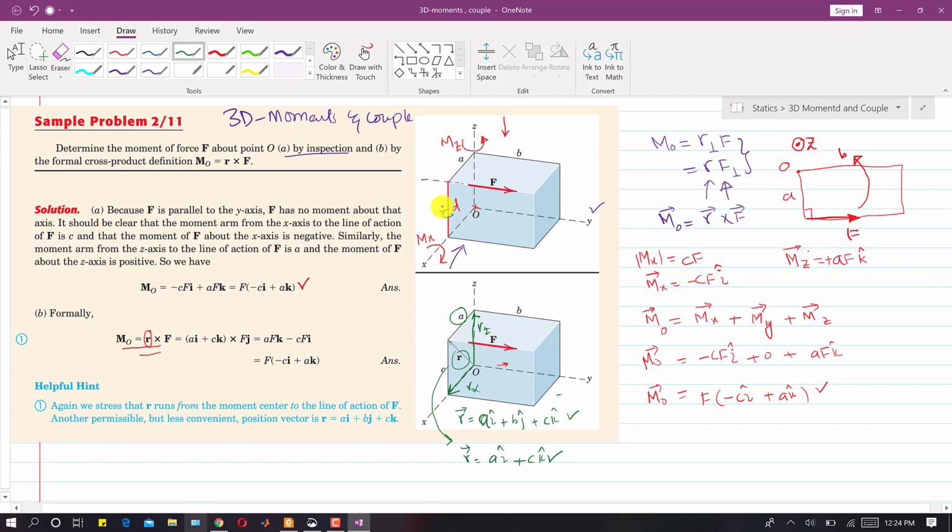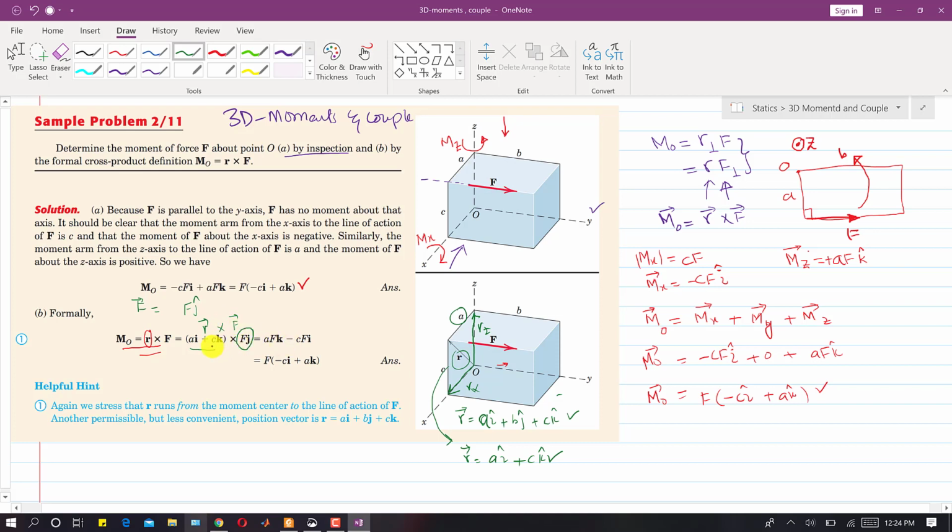This force is only along the Y axis, so it has no component along X and no component along Z. So I will write Fj, right? This is the force vector representation, this is the R vector, and this is the force vector.